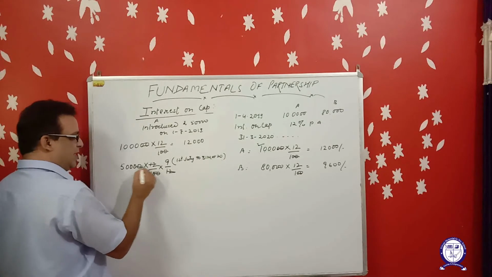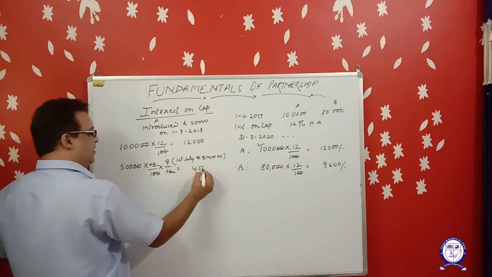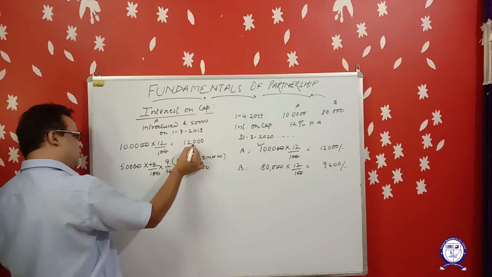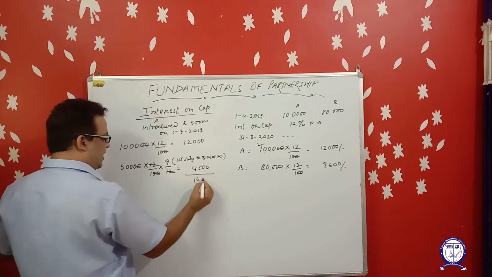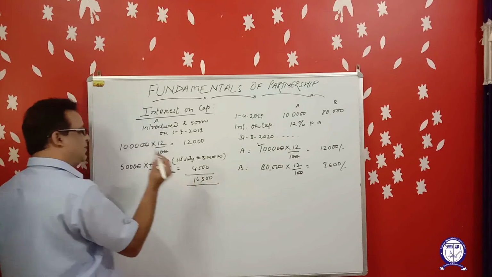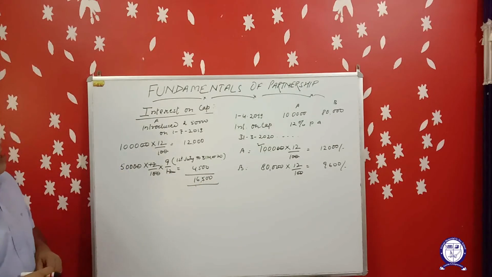The amount of interest will be 4,500. So total amount of interest on capital 12,000 plus 4,500, total 16,500. So this is the style how to calculate interest on capital.